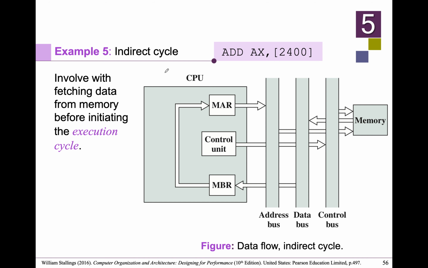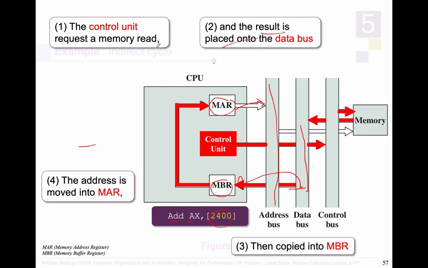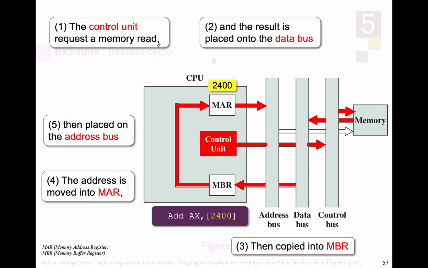So this is an example of the indirect cycle if you have this single instruction. Only for the indirect cycle, not the whole flow of your fetch cycle. That's why it's only a small part.